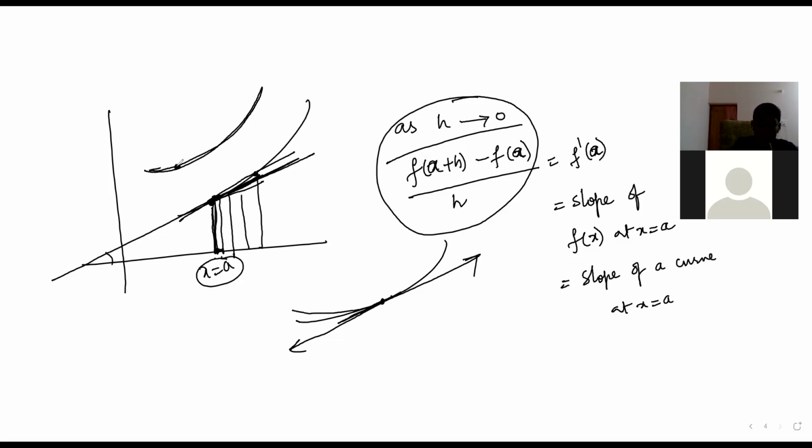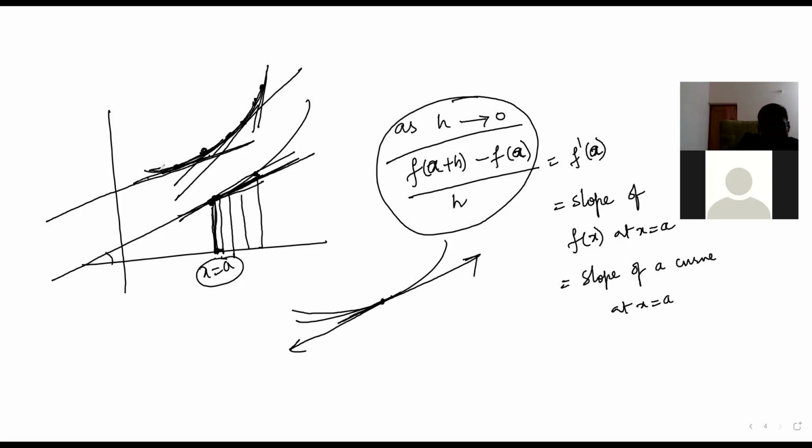Now you can find the slope here, here, and here. If you find the slope here, and then here, and then here, and then here, you can understand by this, differentiation we say.